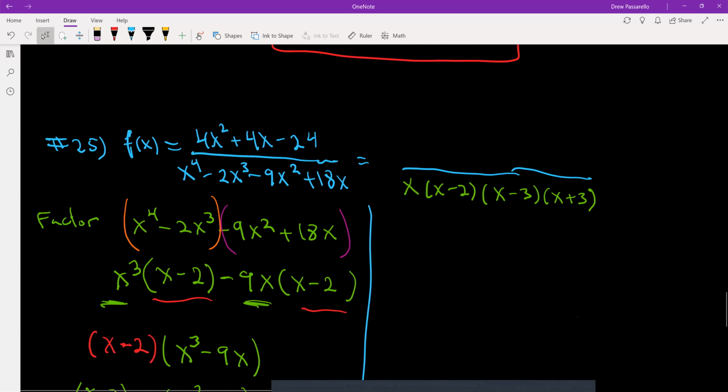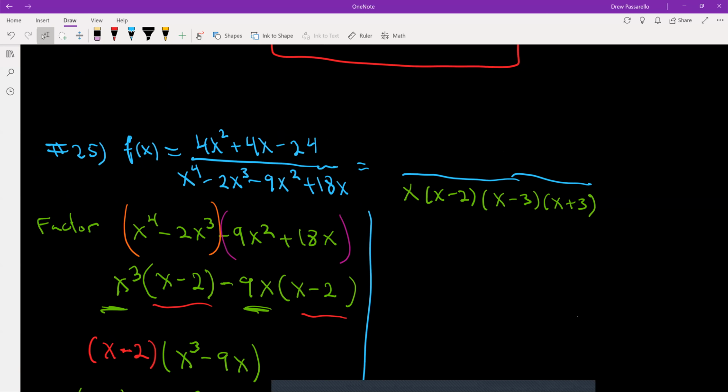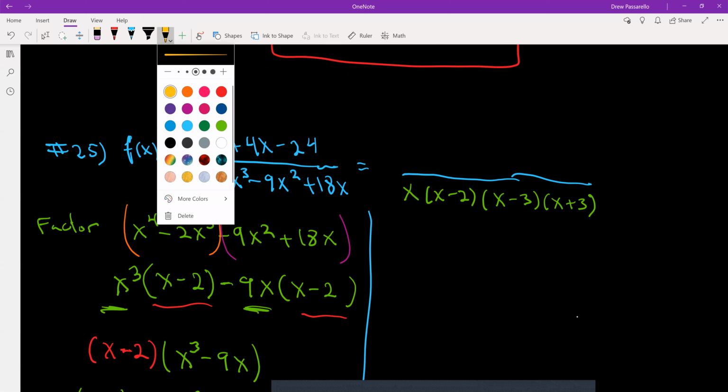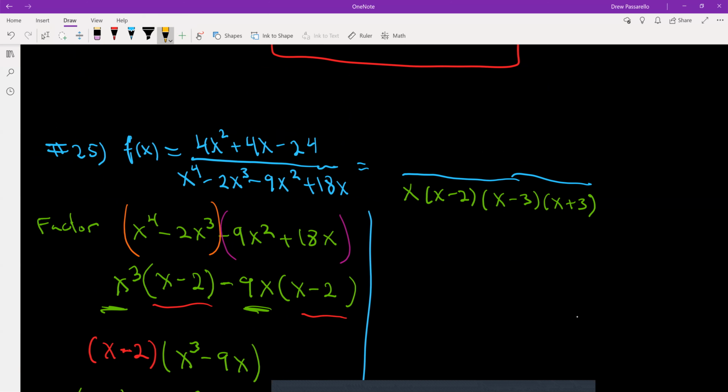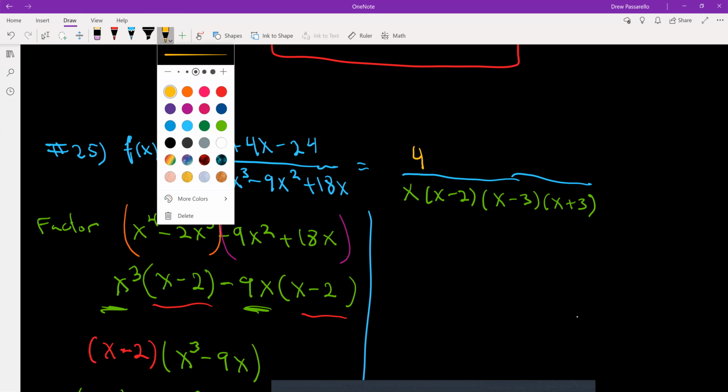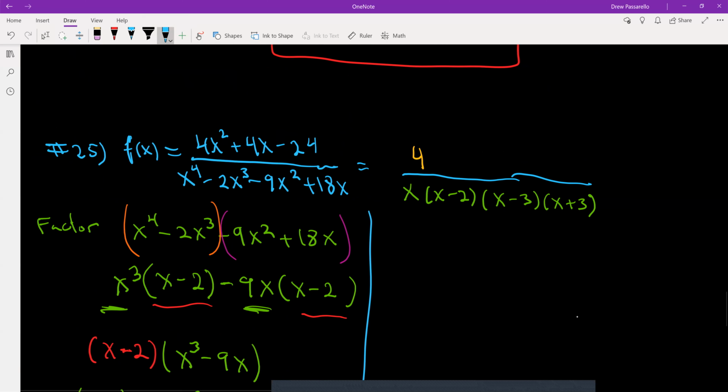All right, so for the numerator portion, I have 4x squared plus 4x minus 24. All three of those terms have 4 in common, so I'm just going to factor out 4. And that'll leave me with x squared plus x minus 6.